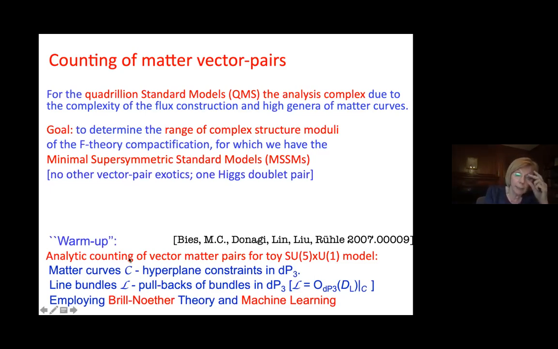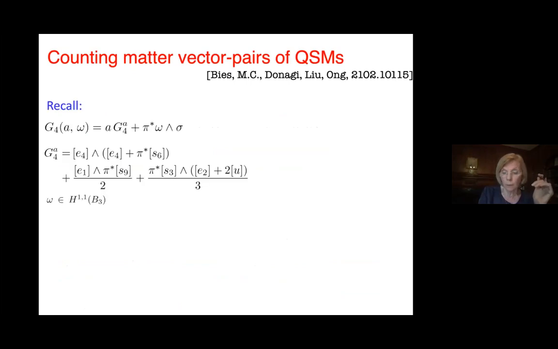In this case, the line bundles on these curves were direct pullbacks of line bundles in dP3, a much simpler analysis, but we could be very quantitative and we could analytically count jumps in the number of vector pairs by employing Brill-Noether theory and also applying machine learning techniques. But I don't want to talk about it, and I want to jump now to the example of how far we have gotten with the studies of the vector pairs in quadrillion standard models.